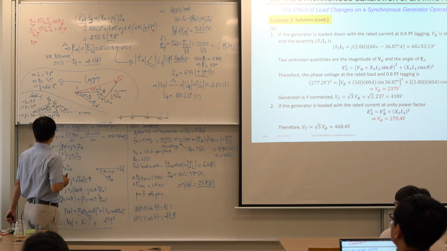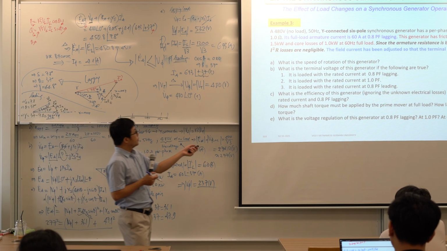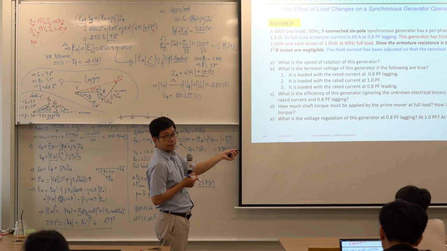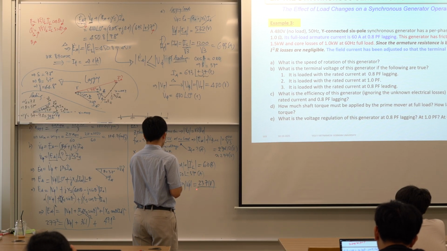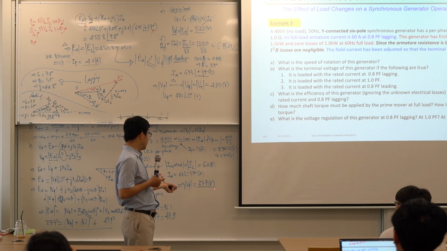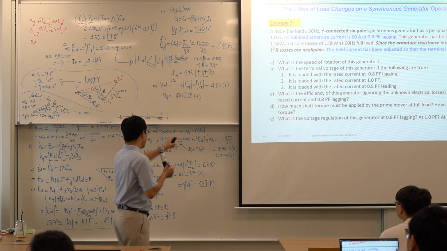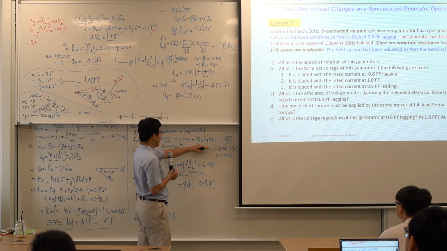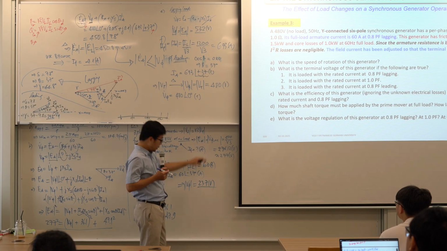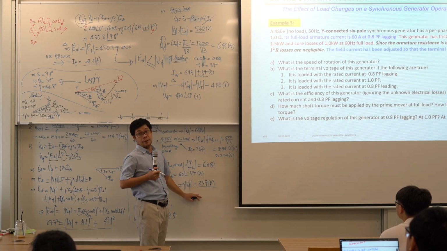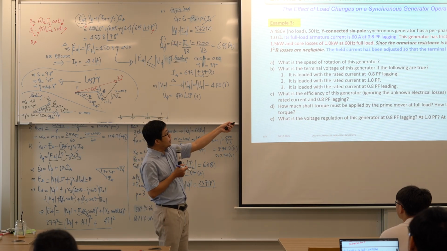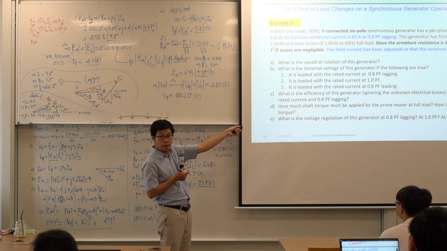So now, if this one is lucky, you get V phase is 237 volts. Even though we don't know the phase angle of IA, that's okay, but we also get the magnitude of phase voltage. And the question requires to calculate terminal voltage.